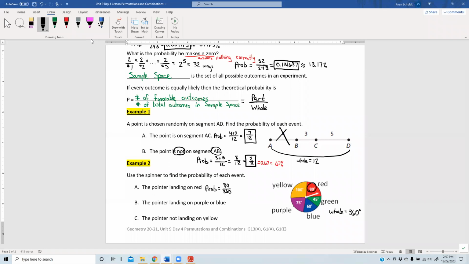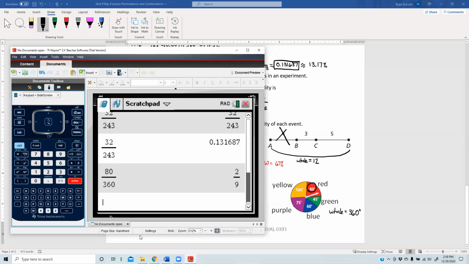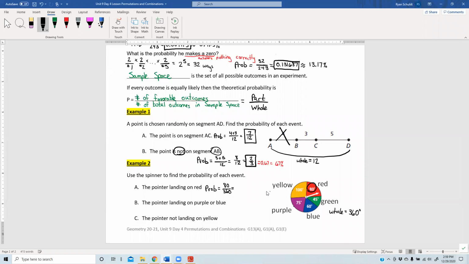But remember, we need to reduce it. So let's see if our calculator can help us there. 80 divided by 360. It's going to be 2/9. So this is 2/9. That's our fraction.